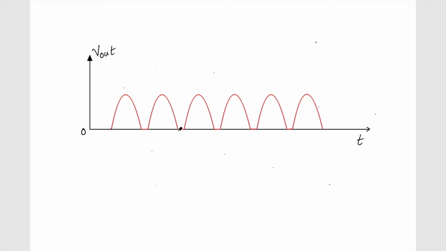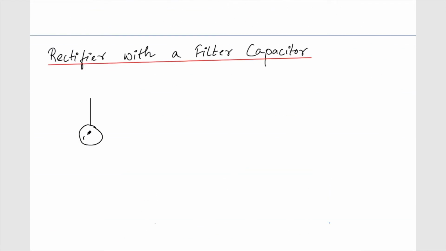The next step that we are going to take is filtering by the capacitor. To understand that, let's go back again to the half wave rectifier. We are going to add a capacitor at the output node, and this capacitor is going to store the charge and make the waveform with a higher DC content; in one sense it's going to fill the valleys.